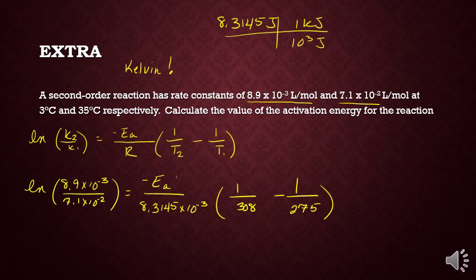Now all you have to do is solve for E sub A. And for this one, negative 2.077 equals negative E sub A over 8.3145 times 10 to the negative third multiplied by negative 3.896 times 10 to the negative fourth.